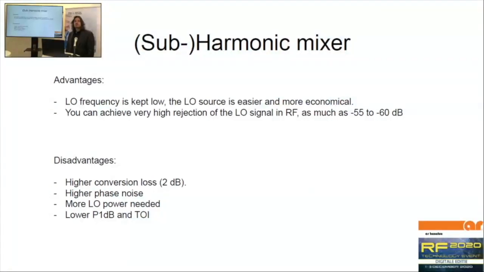In case of a half LO, that basically means your phase noise in the end will be twice as big because of the translation of your LO to a higher frequency plane. And again, you need much more LO power due to the fact that the power from your harmonics will be less. And usually those mixers have poor P1dB or third order intercept figures.